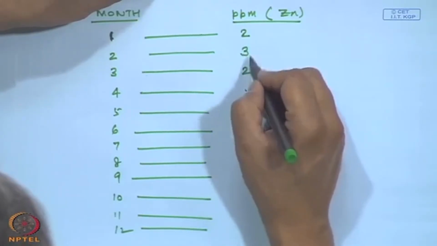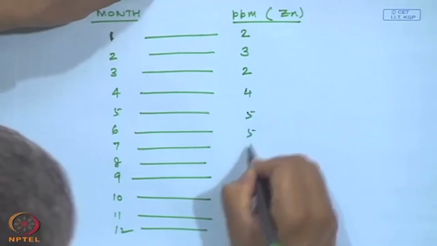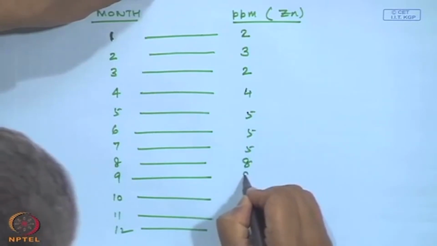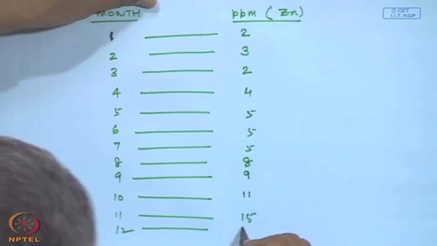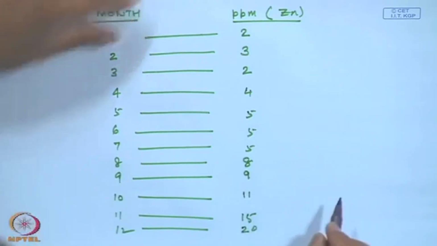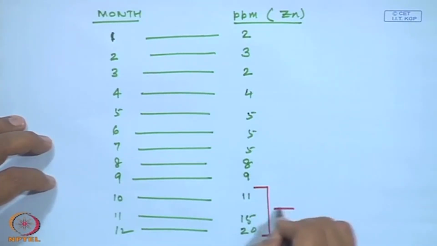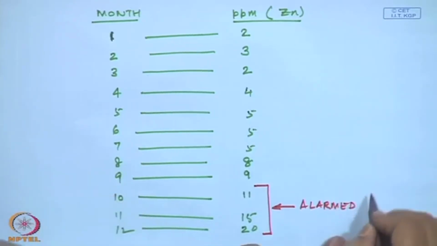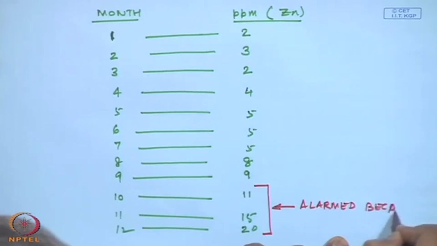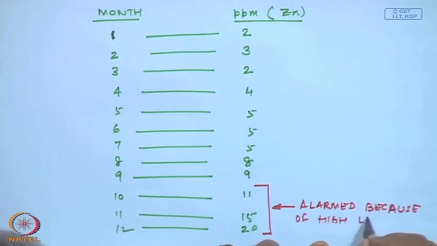This could happen because of measurement error. Once it is 3, then again it is coming down, but 4, 5, constantly 5, and then you see suddenly it rises. And you see towards the end, this is when you need to get alarmed, because of high levels of zinc.